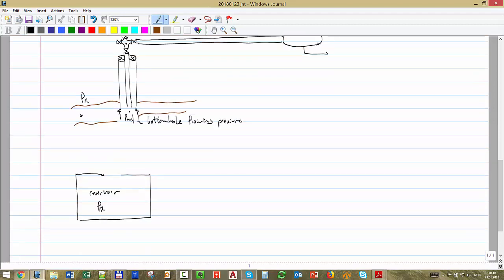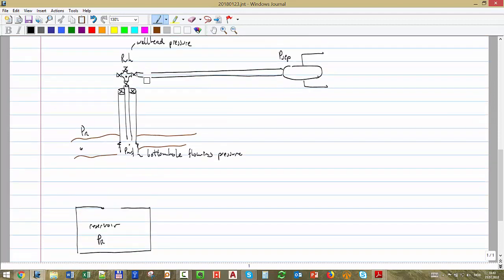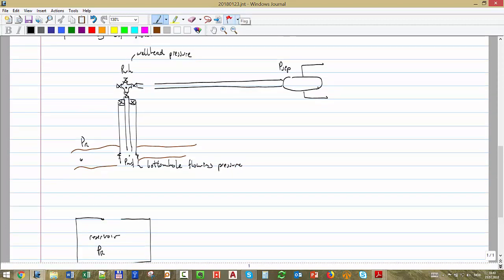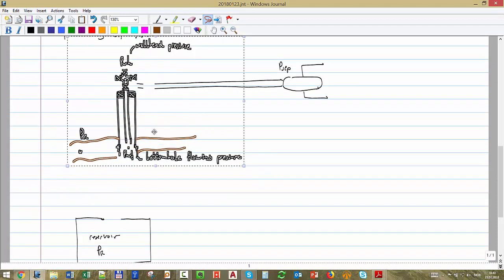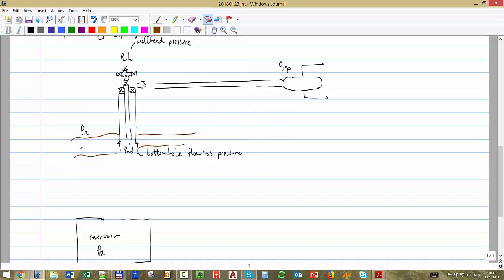Okay. And also we have another element which is extremely important, and that we have in every reservoir, in every well, in every production system. That is called the choke.